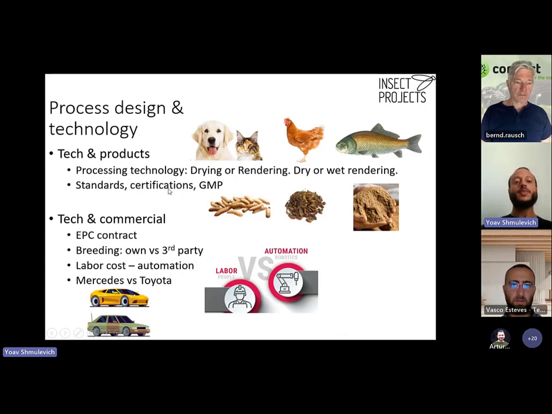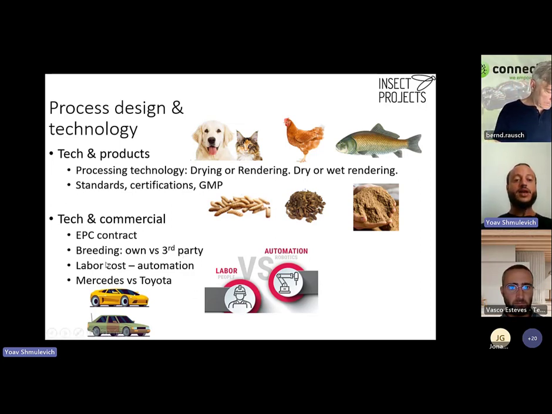Then tying the technology pillar with the commercial pillar, well, very strong agreement in your project is your EPC contract. We said before, it's an engineering, procurement, construction contract. This contract has a very big effect on your bottom line, the cost and the performance of this contract. The breeding, are you going to do the breeding yourself or are you going to try to get the breeding from third parties? This is something that is developing more and more.